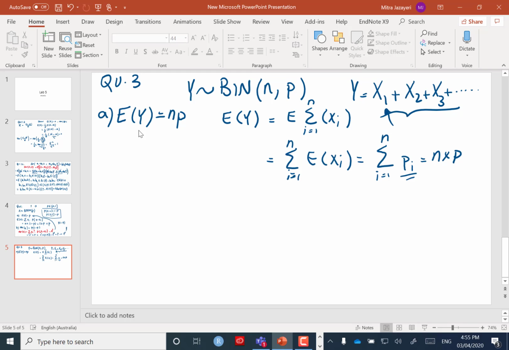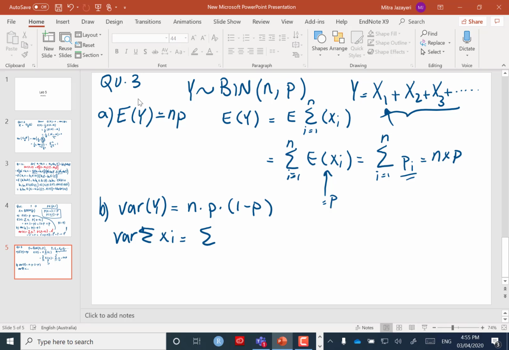All right, part B. Show that the variance of Y is equal to n times p times 1 minus p. We know from reading 5.1 that the variance of a sum of independent Xi is equal to the sum of the variances of Xi.